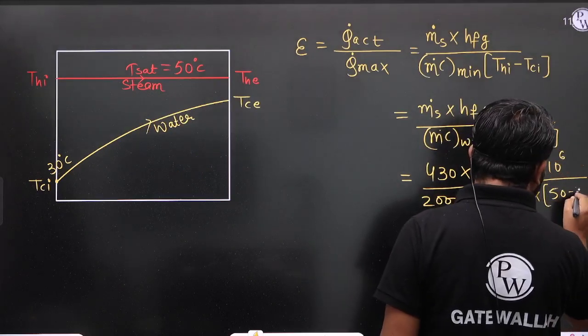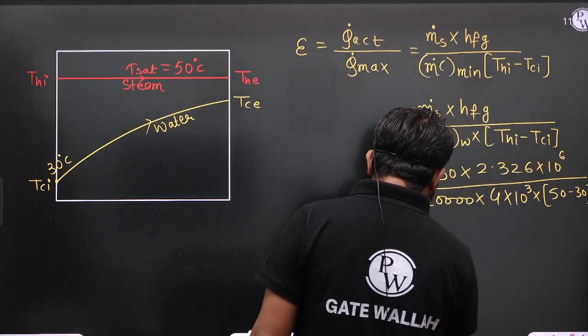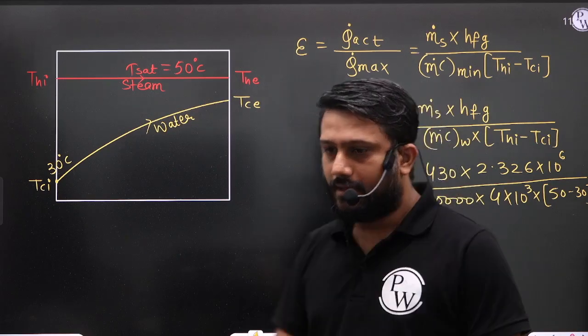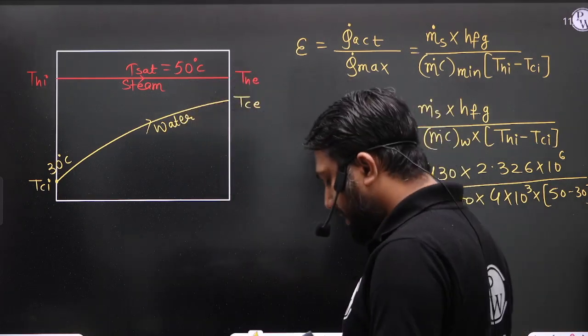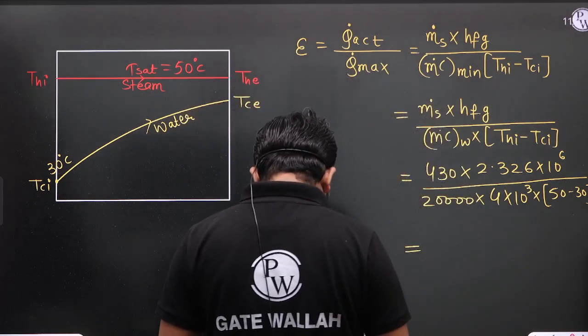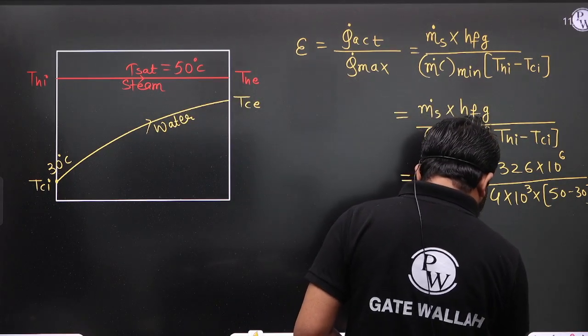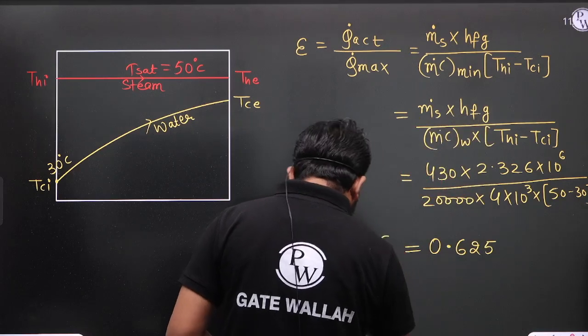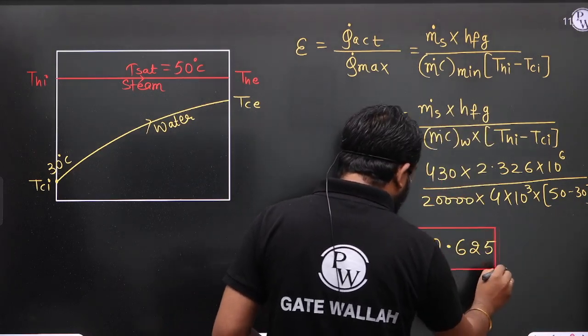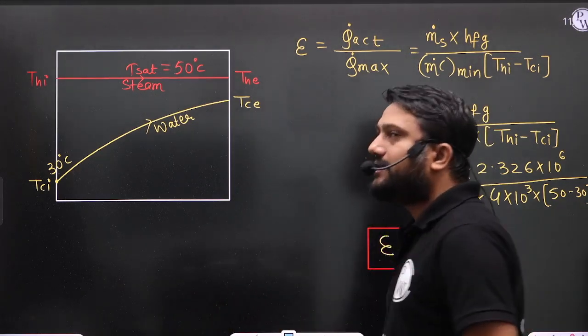Right. If you calculate this, I already calculated, it comes to 0.625. So the effectiveness of the heat exchanger is 0.625.